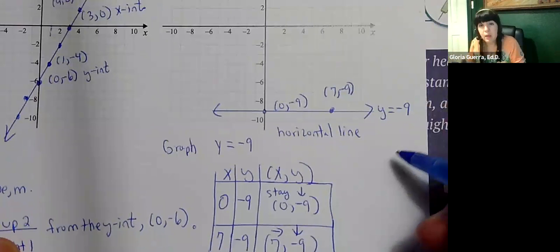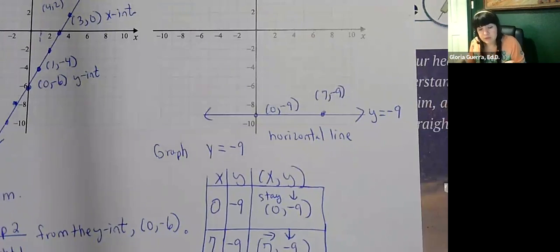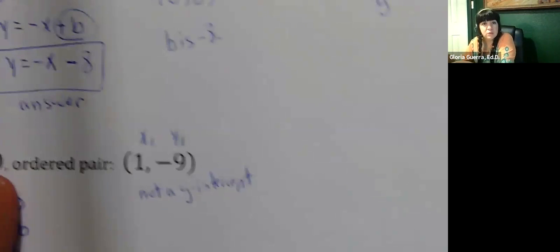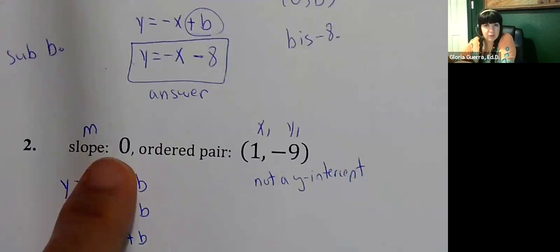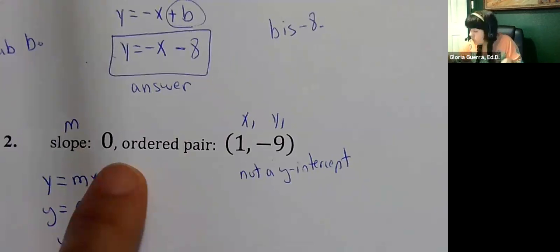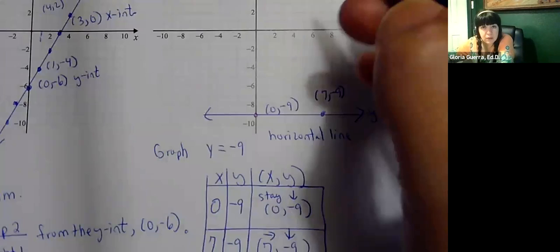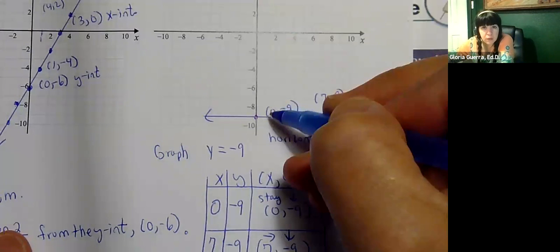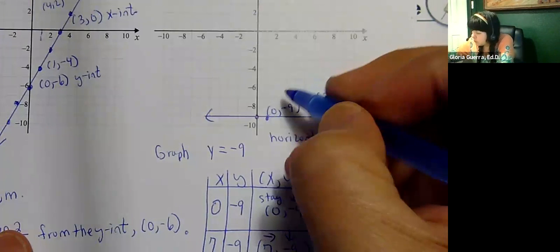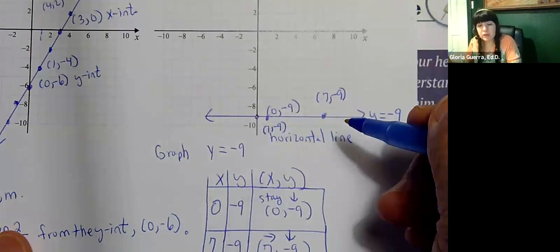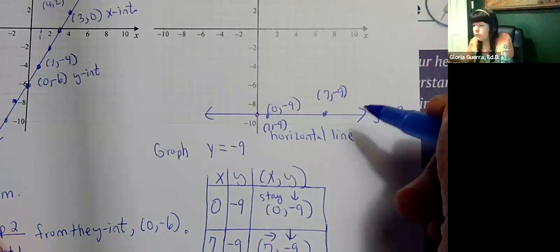Okay. Now, remember they said on number 2 that the slope was 0. And see, this is a point on the line. See 1, -9. That would be like right here. That's the point there. And they tell you that the slope is 0.